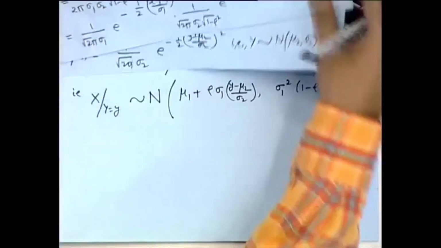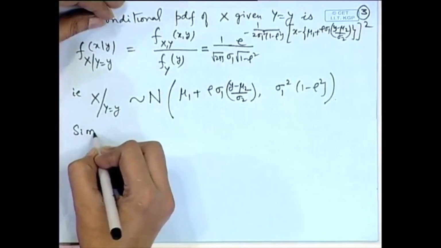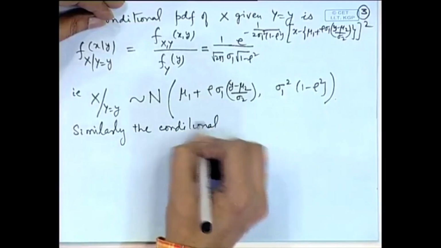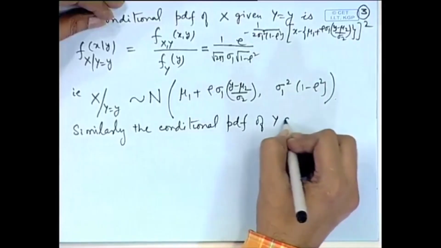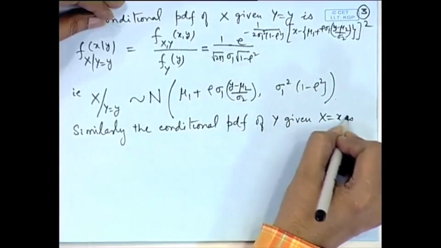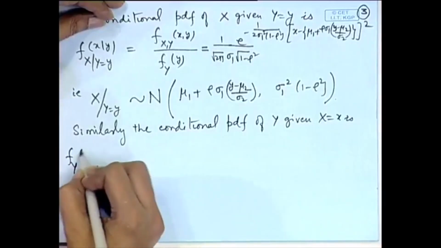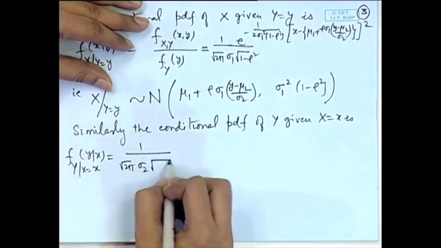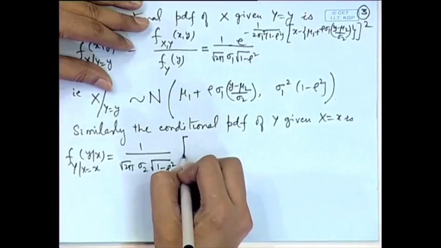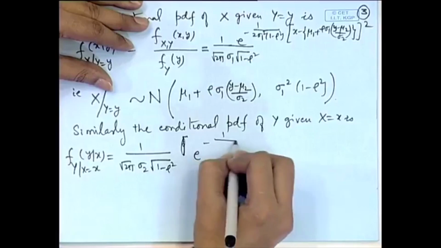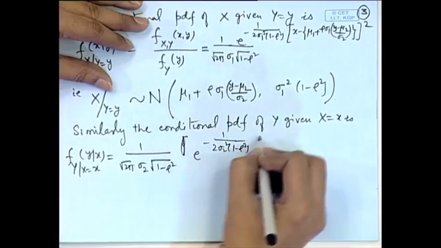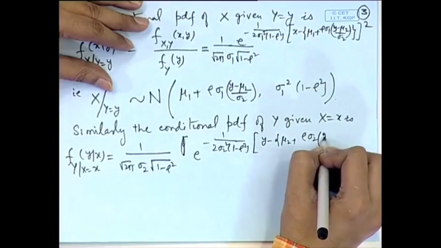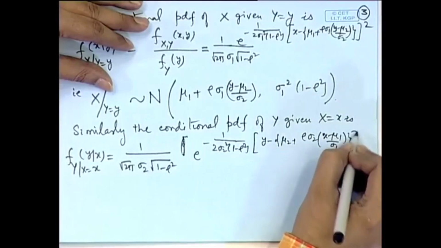So, similarly the conditional PDF of y given x is obtained as 1 by root 2 pi sigma 2 root 1 minus rho square e to the power minus 1 by 2 sigma 2 square (1 minus rho square) (y minus mu 2 plus rho sigma 2 (x minus mu 1) by sigma 1) whole square.